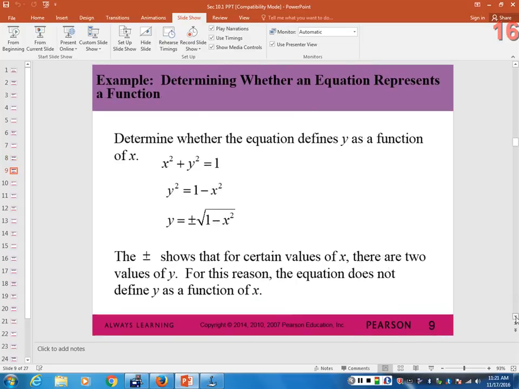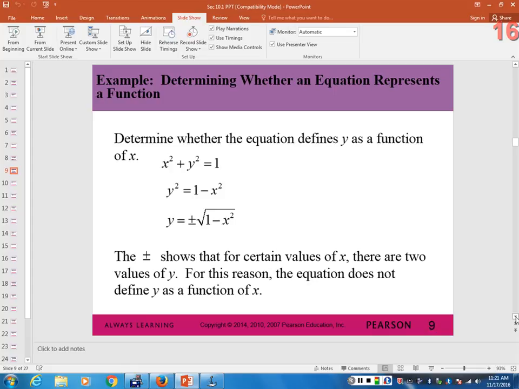So for example here, determine whether the equation defines y as a function of x. We've got x squared plus y squared is equal to 1. So we try to isolate the y squared first by subtracting x squared from both sides. And then we take the square root of both sides, and the square root of y squared is y.